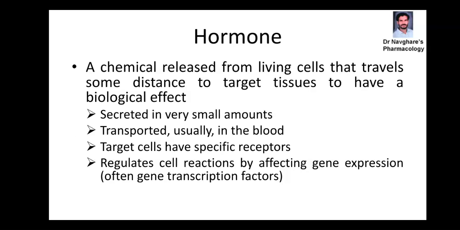Hormones. What are hormones? A chemical released from a living cell that travels some distance to a target tissue to have a biological effect is called a hormone. They are secreted in very small amounts, transported usually through the blood circulation.